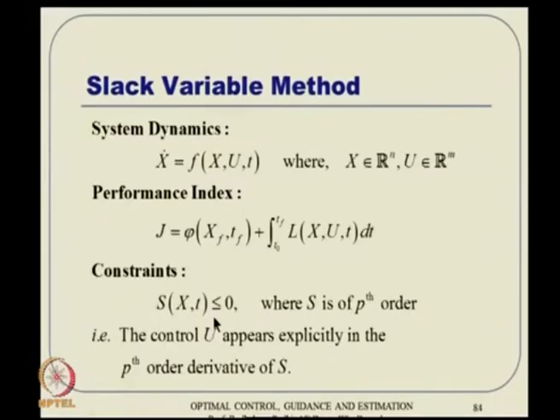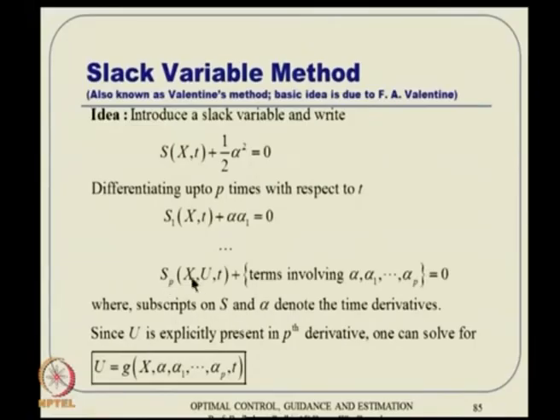But remember, this assumes that this polynomial is of pth order. That means if you take the pth order derivative of this polynomial, then control u appears explicitly. We utilize that fact. From this expression I can solve for the control in terms of other variables. So with the last derivative, the pth order derivative, equal to 0, I should be able to solve for control in terms of other variables.